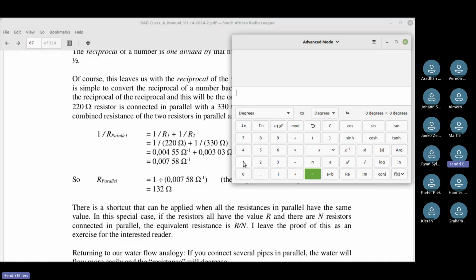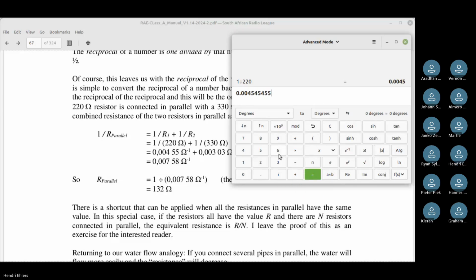Now I'm just going to do a couple of things here so that you understand why I'm using certain functions on the calculator. So if we say 1 divided by 220, it gives me that.